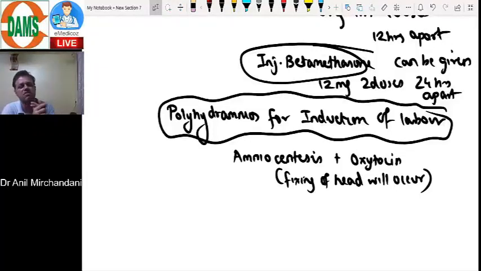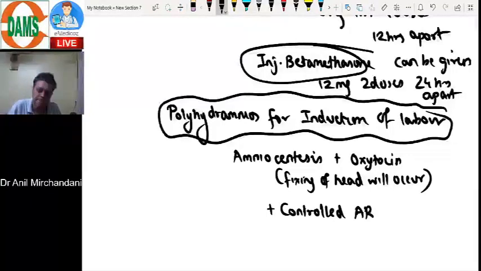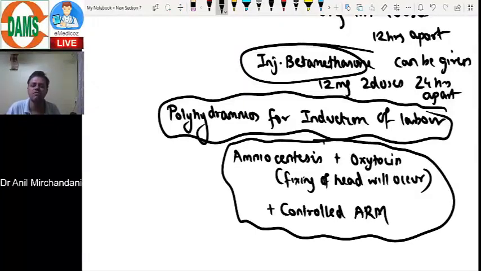There will be less chance of cord prolapse now, because the ball will fit into the basin, and once the ball fits into the basin, sudden gush of fluid cannot happen. Amniocentesis, oxytocin followed by controlled ARM.